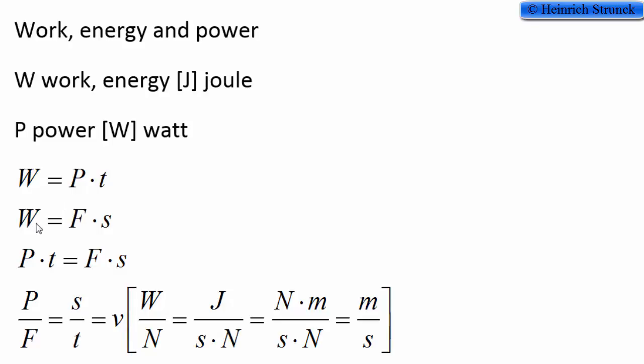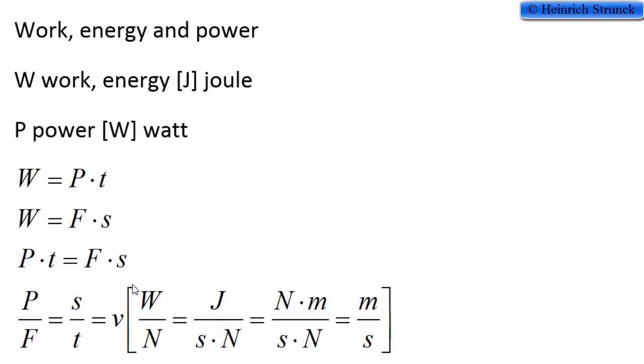From physics, we also know that work is the force times the distance. So here we have two equations with the same value. These two, power times time and force times distance, must be equal to each other.